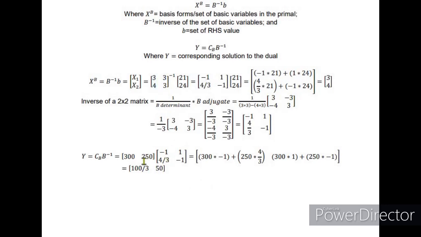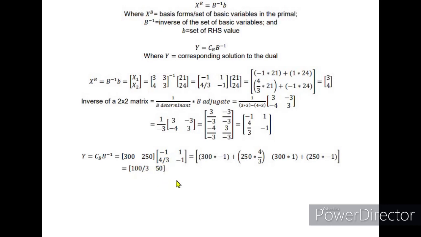Then to multiply it, you will multiply row times column. So 300 multiplied by -1 plus 250 multiplied by 4/3. Then for the other one, 300 multiplied by 1, then 250 multiplied by -1. So you will have there 100 over 3 and 50.